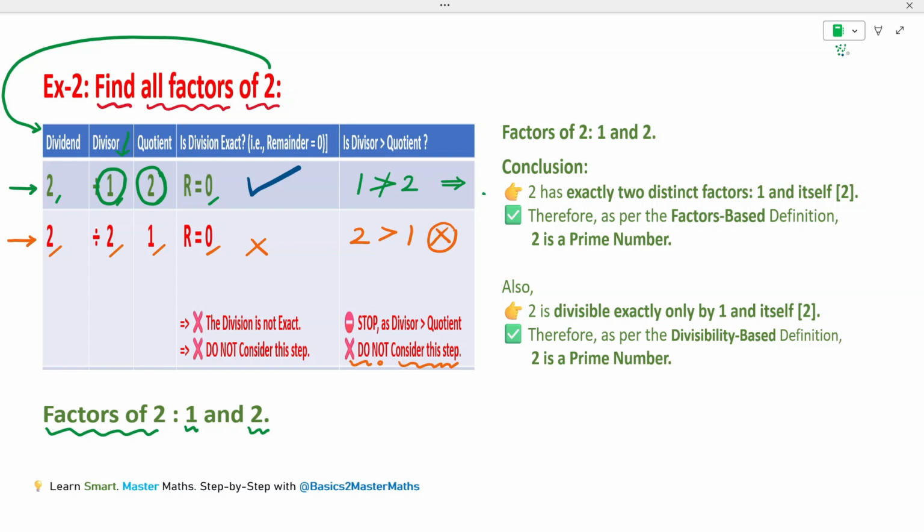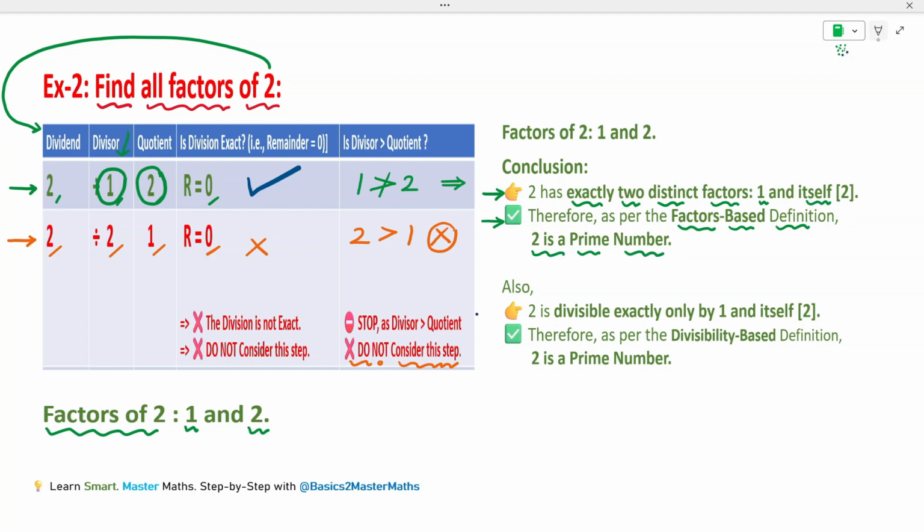Now, observe here. 2 has exactly two distinct factors, 1 and itself. Therefore, as per the factors based definition, 2 is a prime number. Got it?